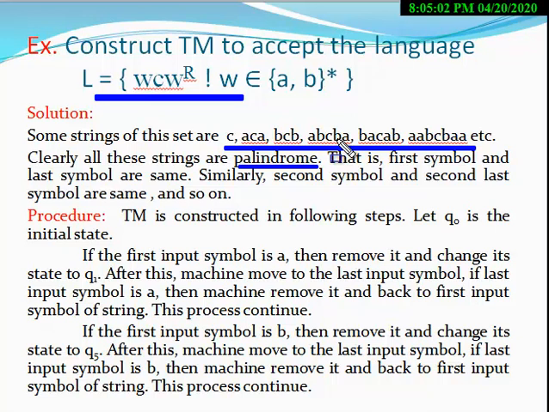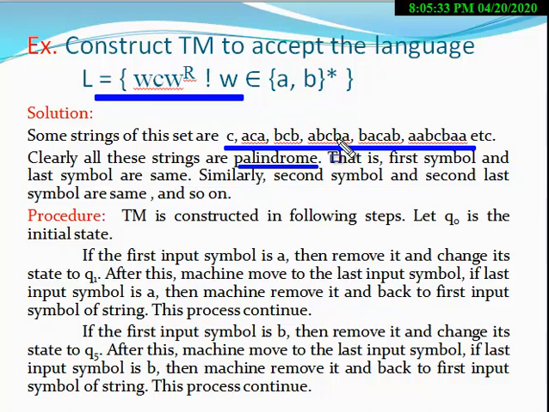After analyzing the strings belonging to this set, now we construct a Turing machine for it. When you make the transition rules in the Turing machine, you have to pay attention to how to match the first symbol with the last symbol.